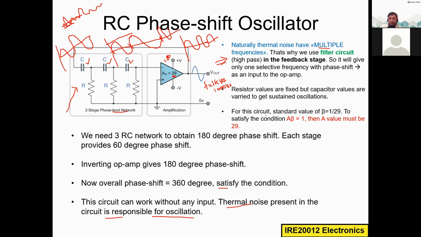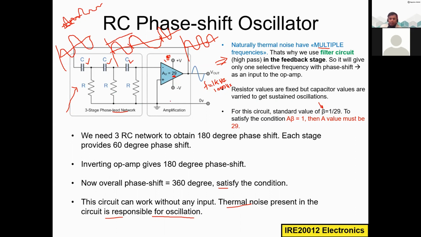Okay, and for this circuit, the standard value of beta is 1 divided by 29. So remember, what is beta? Beta is the gain of the feedback stage. The feedback stage is here, this RC network. So we must get the gain 1 divided by 29.